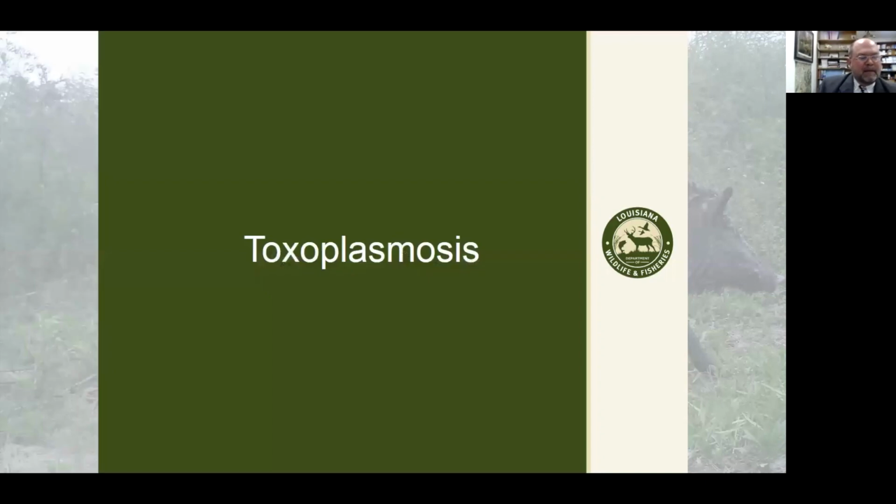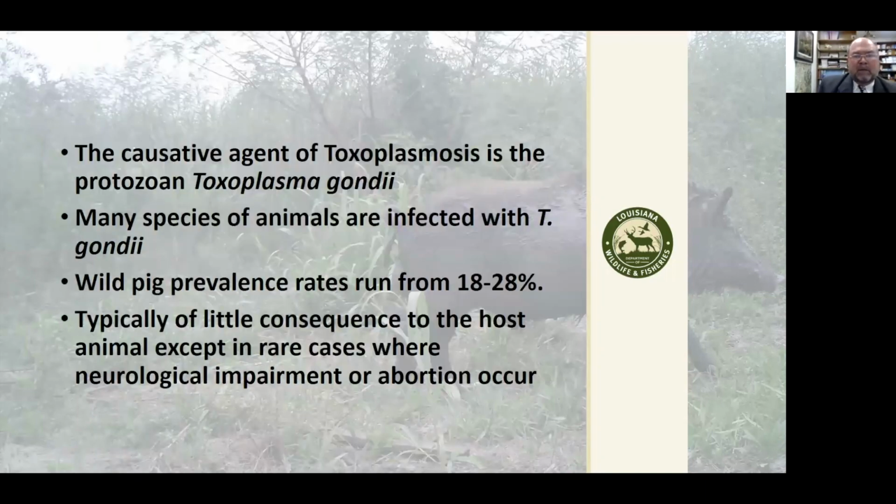Toxoplasmosis. Now, most of the time when you hear about toxoplasmosis, you think of cats in litter boxes and pregnant ladies, and those are all true correlations. Cats do shed toxoplasma, protozoal organisms, in their feces. It sporulates in the litter box.